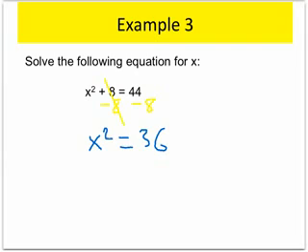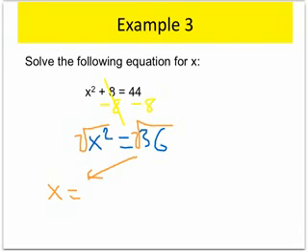There's still one operation happening to x, it's still being squared, so I need to undo that with the inverse operation, square root. Anything I do to one side, I also have to do to the other side of the equation. X squared, square rooted, is x, and 36, square rooted, has two possibilities.